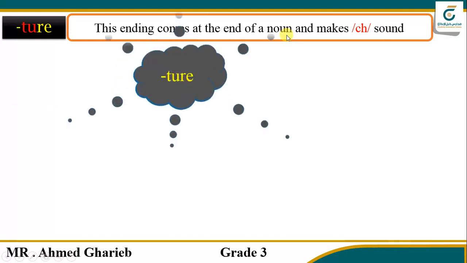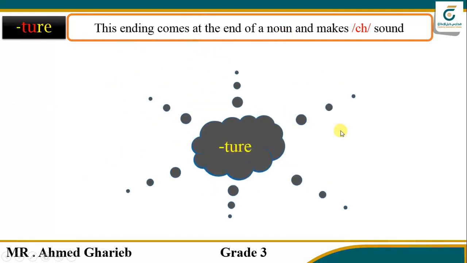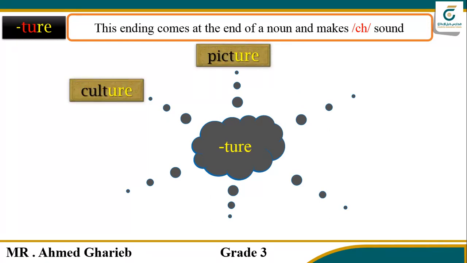Okay, let's have examples with the final ture, like picture, culture. I told you the meaning of culture before. The way people behave, eat, live, speak, the habits they have, the clothes they wear, and so on.